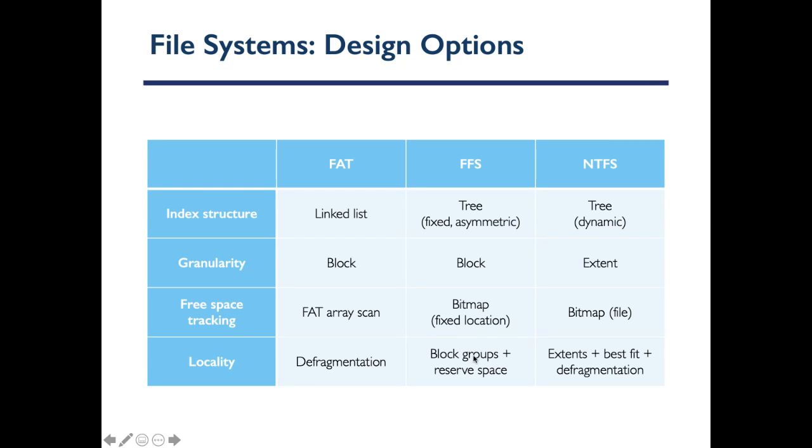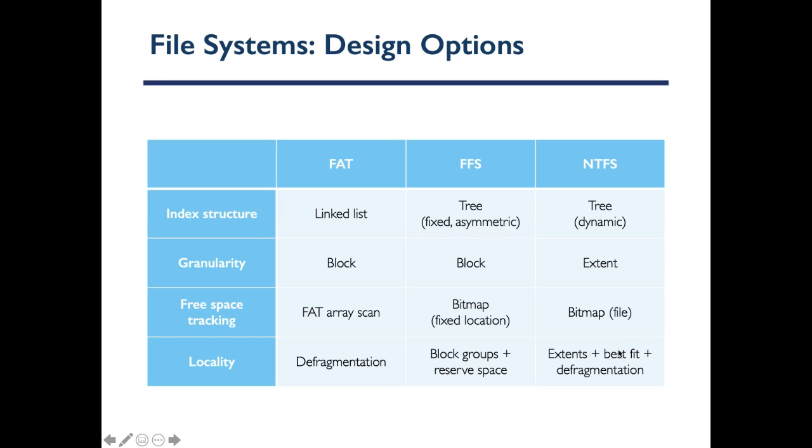With FFS, we saw that they divide your storage into groups and try to fit each file close to its inode structure and free space bitmap structure to create some notion of locality. And with NTFS, locality is upfront, so you actually have the notion of extents, which is based on allocating contiguous regions to files.